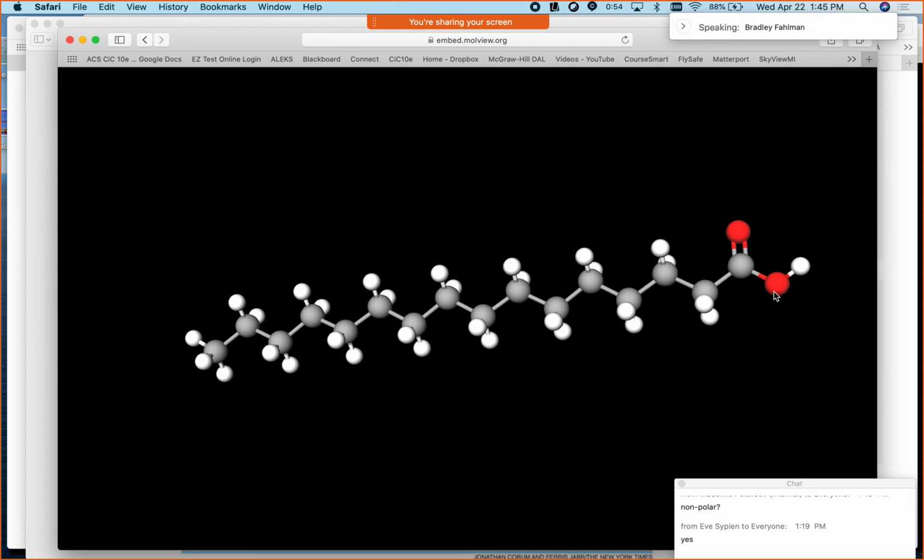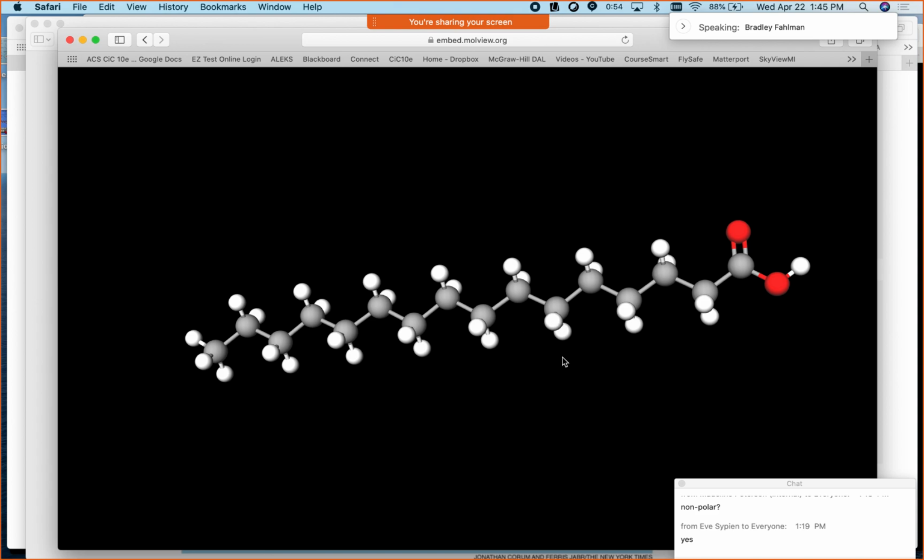And then you've got this part with a carbon, oxygens, and an oxygen-hydrogen here, a COOH group, that is polar. So this part of the molecule will be dissolved in water, and this part will be dissolved in oils or something nonpolar.